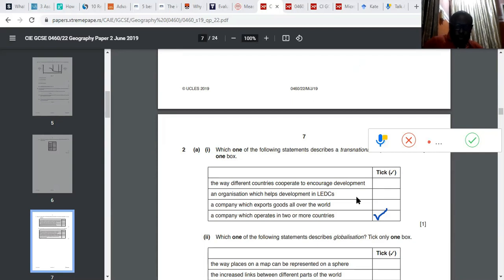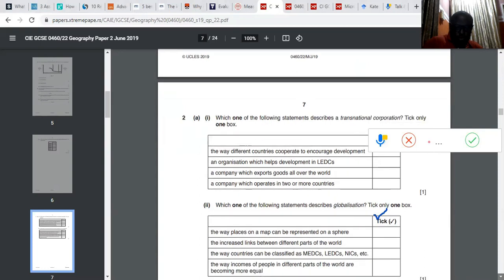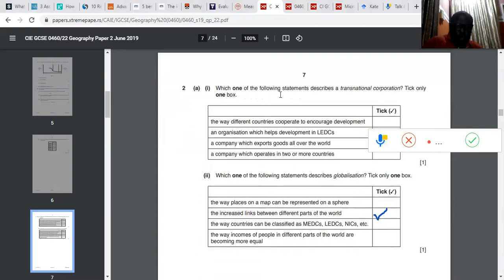Which of the following statements describes globalization? Let me clean it so that it doesn't confuse somebody. Which of the following statements describes globalization?